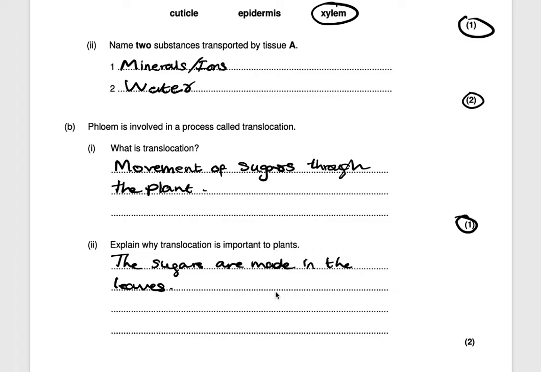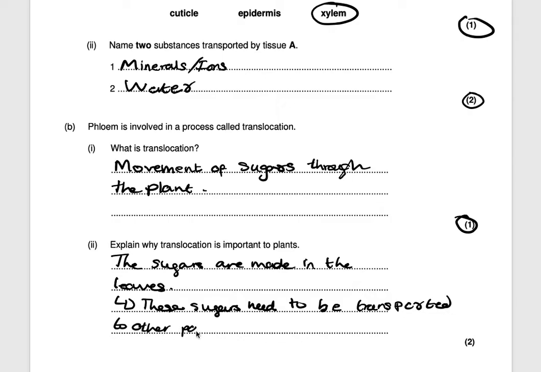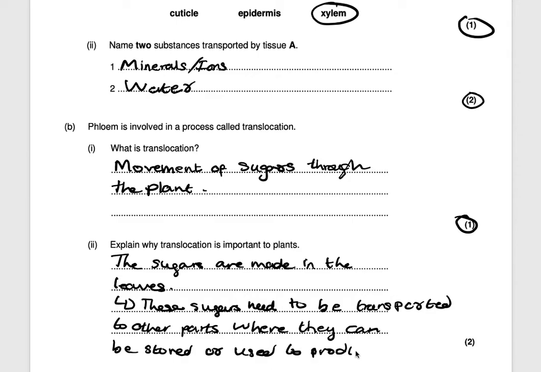Okay, now these sugars need to be transported to the other parts of the plant by phloem, where they can be stored or used to produce energy.